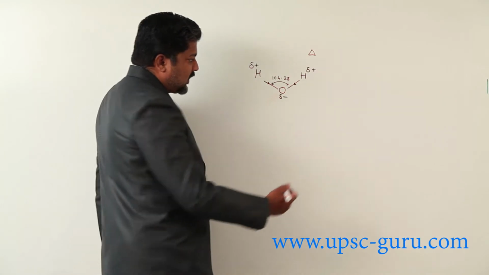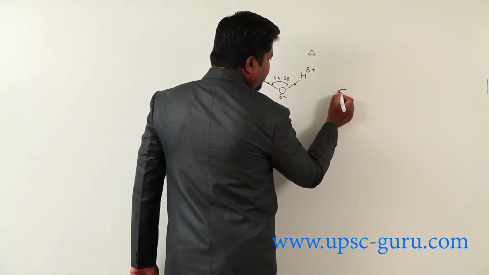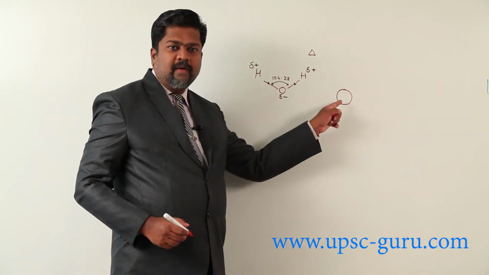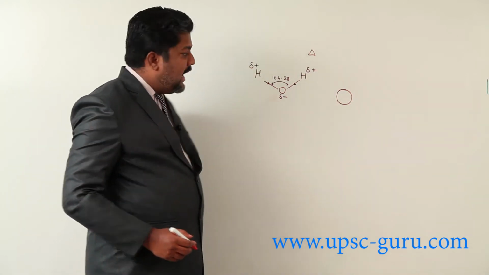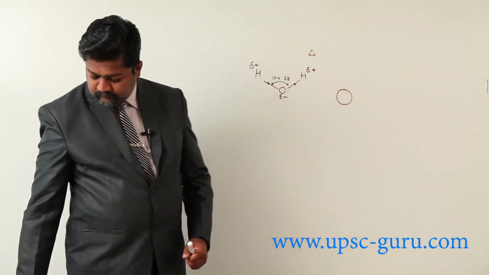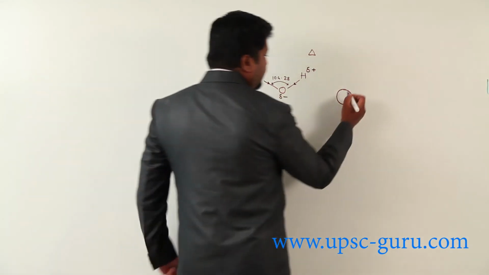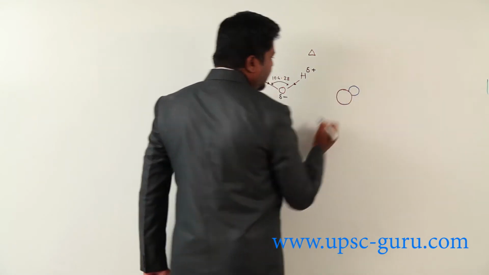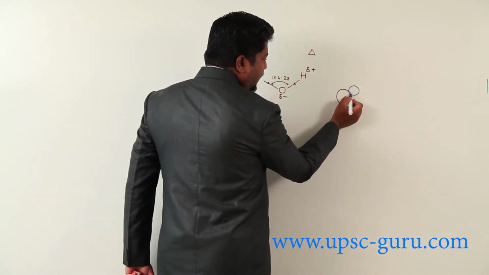Suppose I want to draw the structure of the molecule, it should look something like this. This is the oxygen atom. I am not writing O, this is a sphere, the oxygen atom, whereas the hydrogen atoms are here in bonding condition. The hydrogen atoms are smaller than oxygen. There is overlap between orbitals.